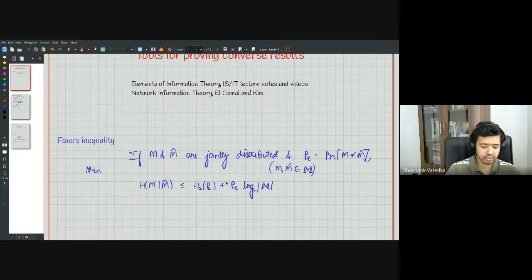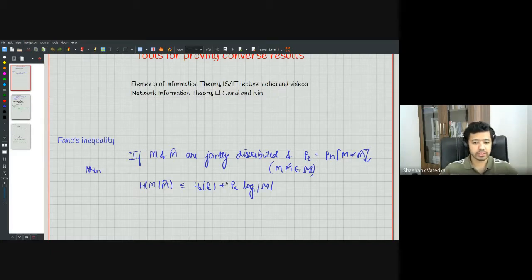You use Fano's inequality to typically get a lower bound on the probability of error. It doesn't give you the best bound on the probability of error, but whenever you want to show that something is impossible to do, that the probability of error is bounded away from 0, Fano's inequality is a very powerful tool. All right. So what does the inequality say?